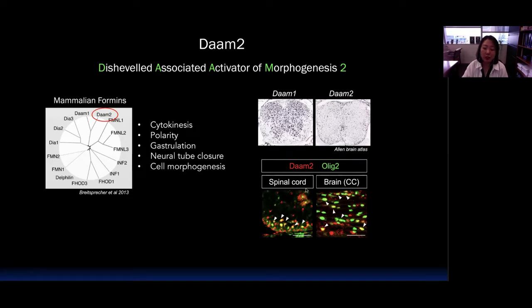The first starting point, if we want to study a novel gene, is always to know when and where this gene is expressed. DAAM2 is expressed in both the spinal cord and the brain in Olig2 lineage cells. Olig2 is a marker for the oligodendrocyte lineage throughout all stages from OPC to mature. So we know DAAM2 is expressed in the oligodendrocyte lineage.